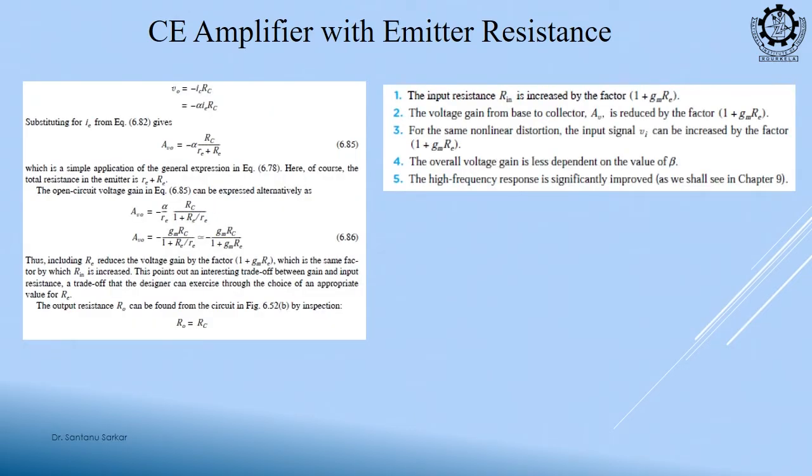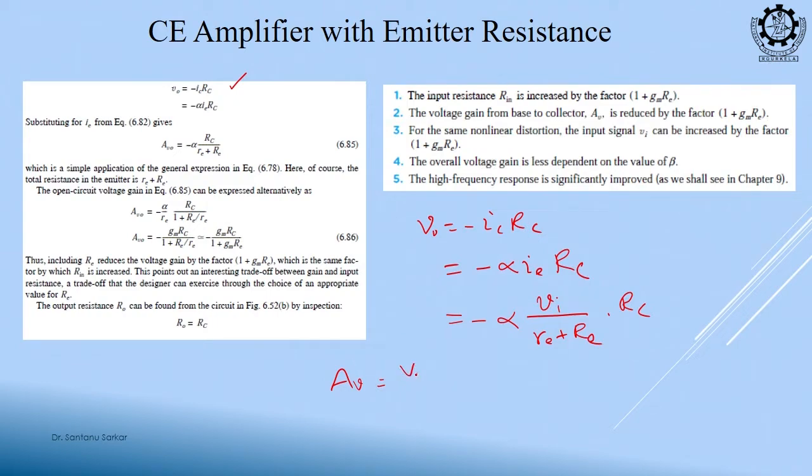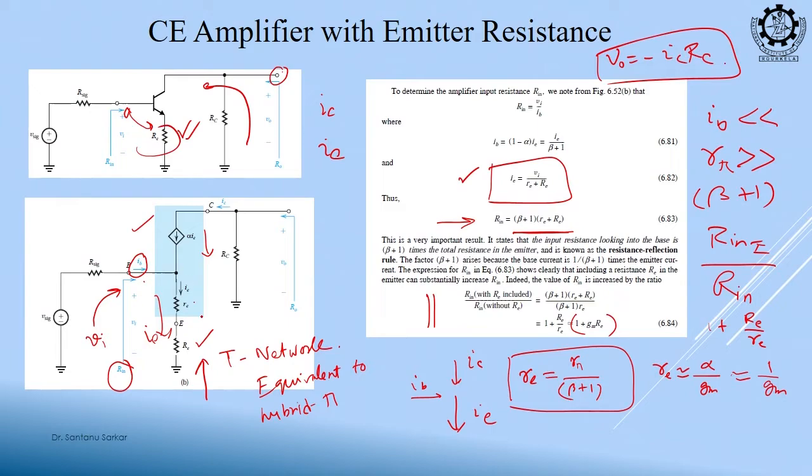So, we get I is equal to Vi by small RE plus capital RE. So, let us calculate V0. V0 is equal to minus IC RC, which is minus alpha I RC. Put the value of I: minus alpha I RC is equal to Vi by small RE plus capital RE. Okay. So, what is your gain? AV is equal to V0 by Vi, we replace I with this, and small RE is roughly alpha by GM.